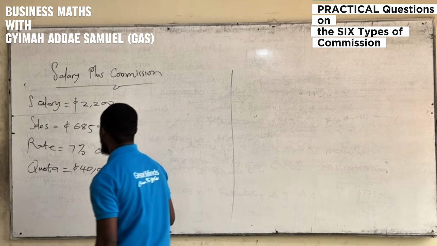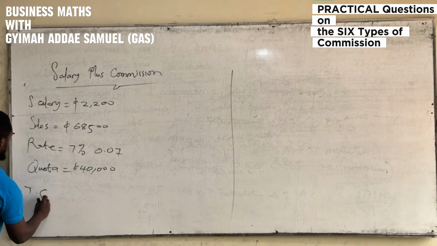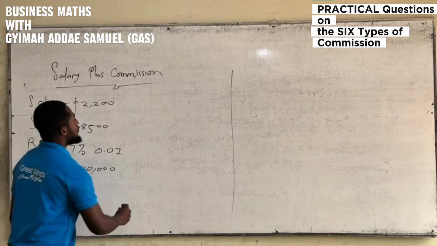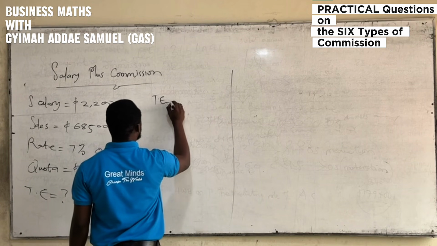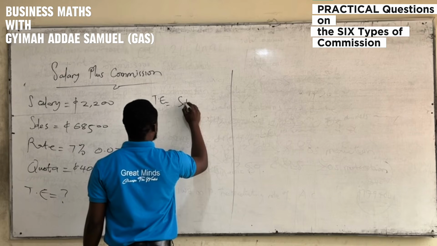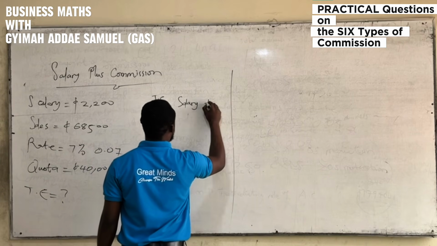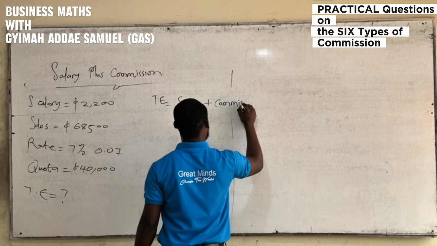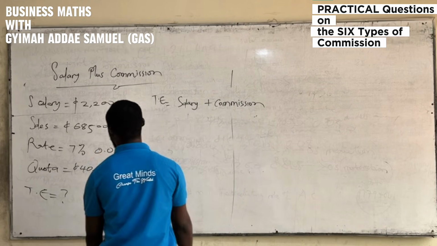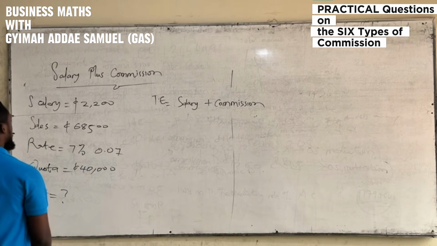Total earnings, we don't know. And we know that when calculating total earnings, the formula becomes salary plus commission. So now we first have to find our commission.